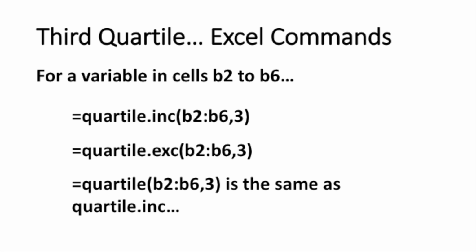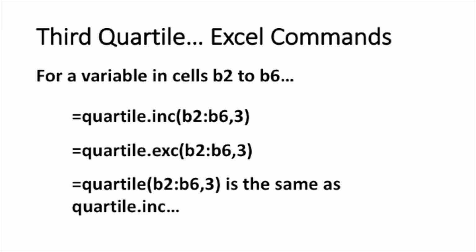The Excel formulas for finding the third quartile should be pretty intuitive based on what we learned about the first quartile. It's equals quartile.inc. That's if you want to include the median. And then you give it the range of data. And here you put a comma 3 because it's the third quartile. Or you could use equals quartile.exc. So here you are excluding the median from the calculation.